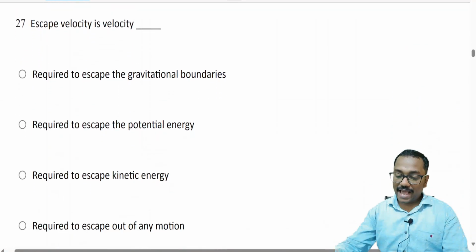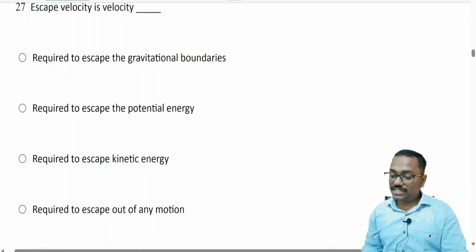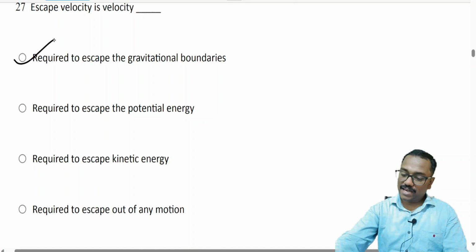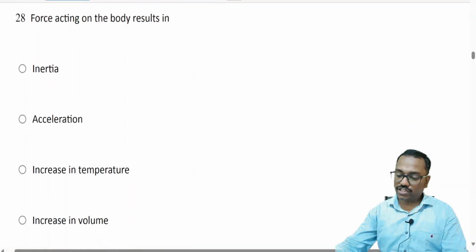27th question. Escape velocity is velocity required to escape the gravitational boundaries, required to escape the potential energy, required to escape kinetic energy and required to escape out of any motion. So its answer is required to escape the gravitational boundaries. 28th question.